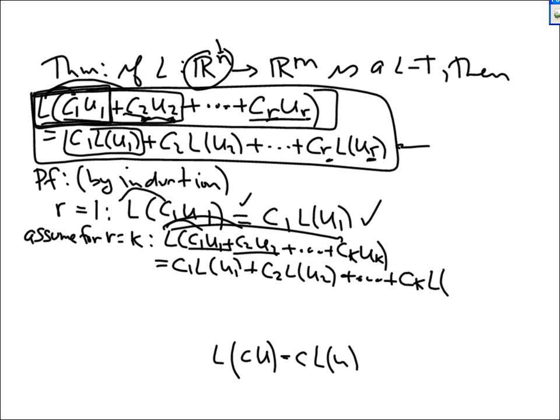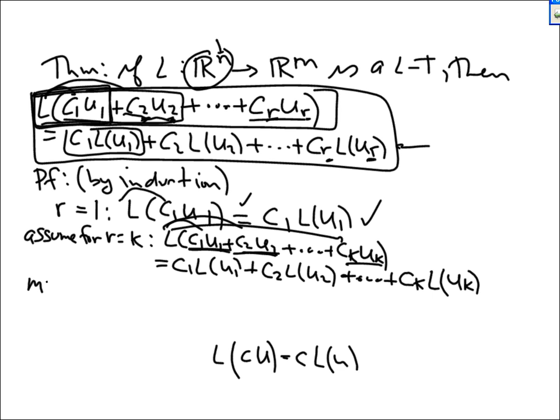In linear transformations, the constant comes out in front. The question is can you take L of this plus L of that all the way up to L of CKUK? If you can, then certainly you can pull out the scalars.